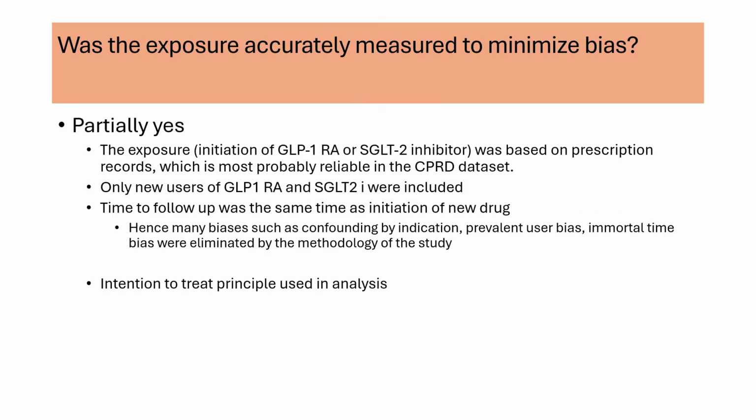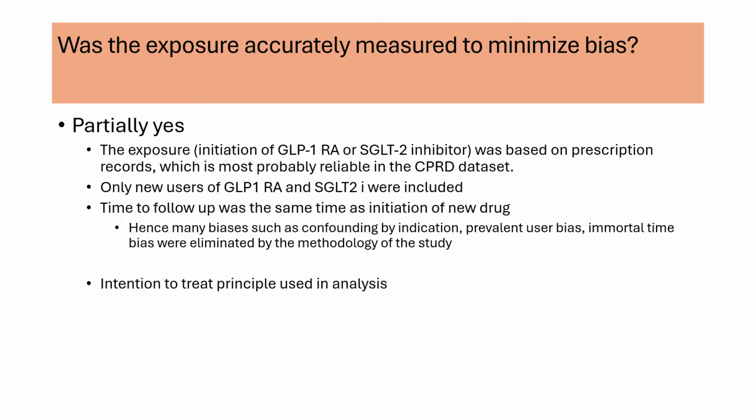So was the exposure accurately measured to minimize bias? I would say partially yes. So the exposure was based on a prescription, which I think in the CPRD dataset would mostly be reliable. And only new users of GLP-1 receptor agonists and SGLT2 inhibitors were included. The time to follow up was at the same time as initiation of the new drug. So because of that, many other biases, which I mentioned, confounding by indication, prevalent user bias, immortal time bias were eliminated.